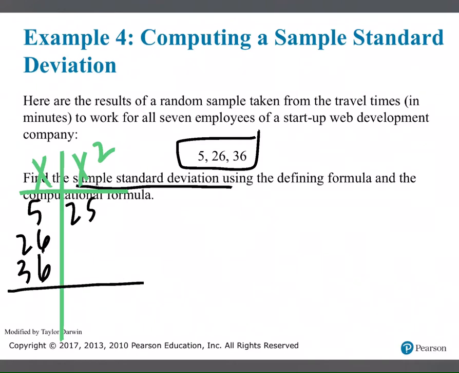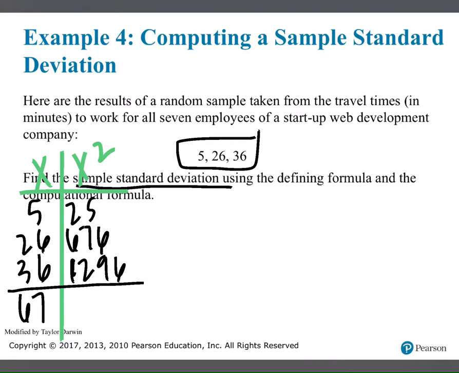Squaring them now: 25, 676, and 1,296. And again, I'm going to add them together. 5 plus 26 plus 36, I get 67.